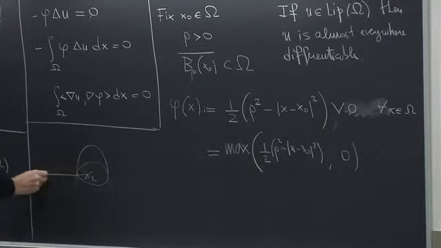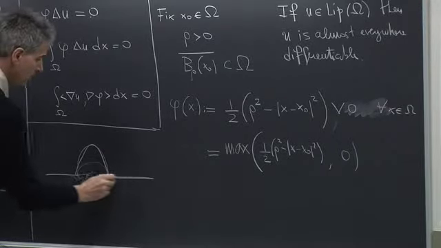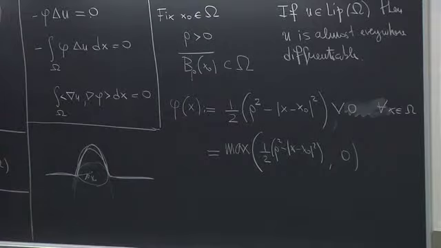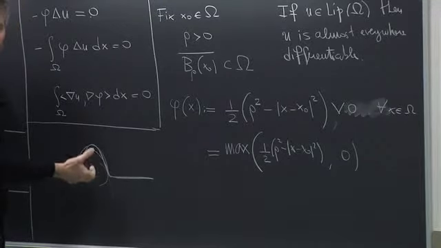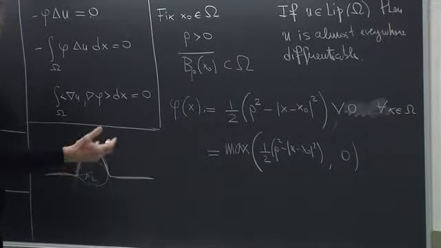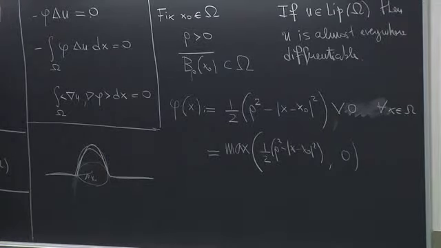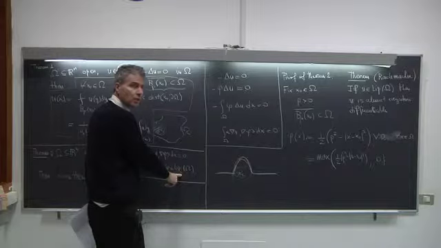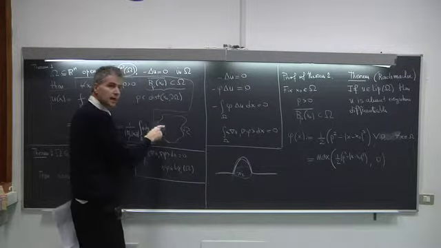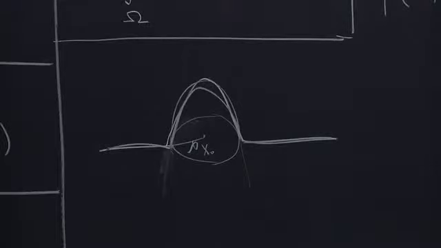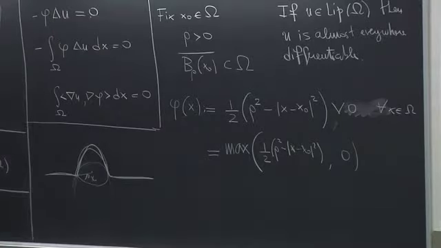But then I take the maximum with 0. Sort of function like this. So this function phi is concentrated on the ball, and is 0 elsewhere. In particular, it has compact support in omega, because the ball is strictly inside omega, and therefore the test function has compact support in omega by this assumption. Is this clear or not?